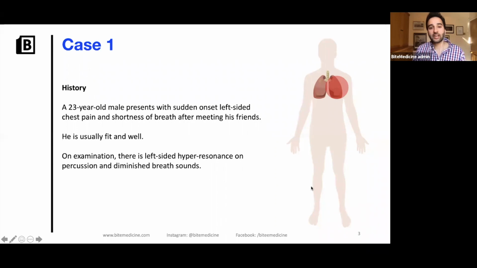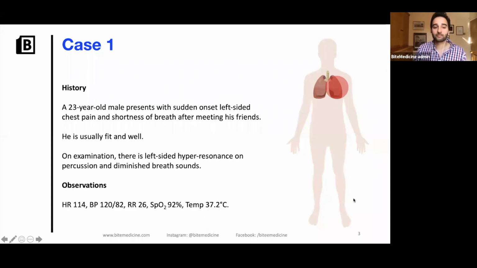On examination, there is left-sided hyperresonance on percussion and diminished breath sounds. As you can see, there he is with his pain on the left side of his chest. Those were his observations. So we already kind of know what's going on. We think this is a pneumothorax, but have some other differentials in your head, and we're going to run through a bunch of questions and talk through pneumothorax as well.